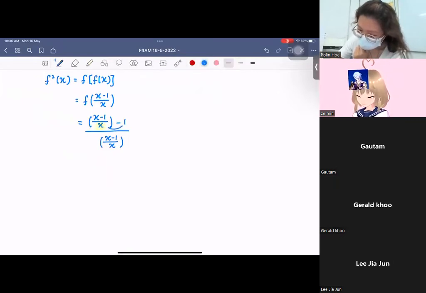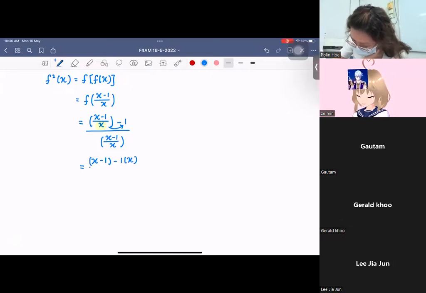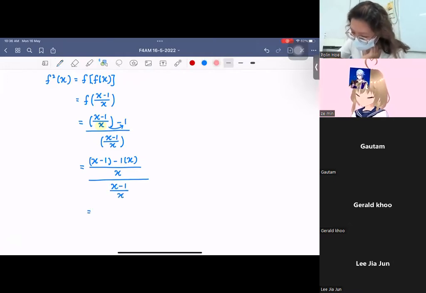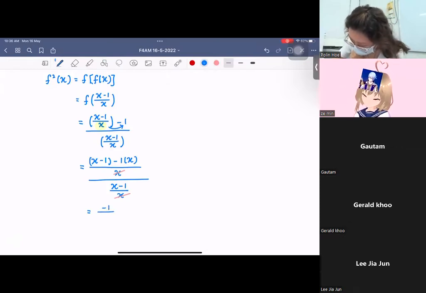Multiply this out. x minus 1 multiplied by x over x minus 1 over x. Okay, now the second and the fourth line, they are the same. Cancel. x minus x, nothing. So I'm left with negative 1 over x minus 1.